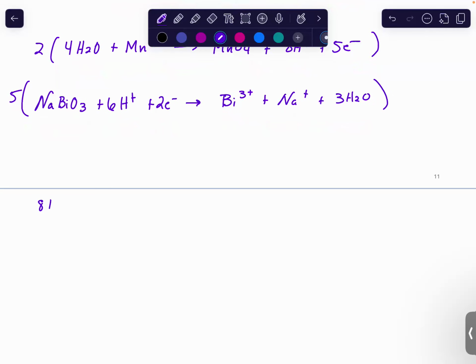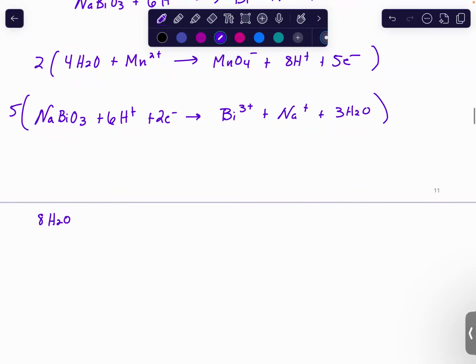Okay, so water. Two manganese ions. Two permanganates. 16 protons. 10 electrons.